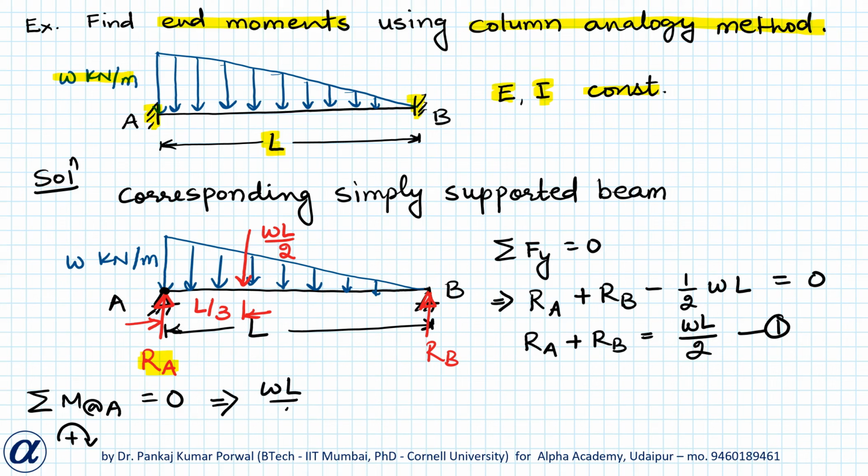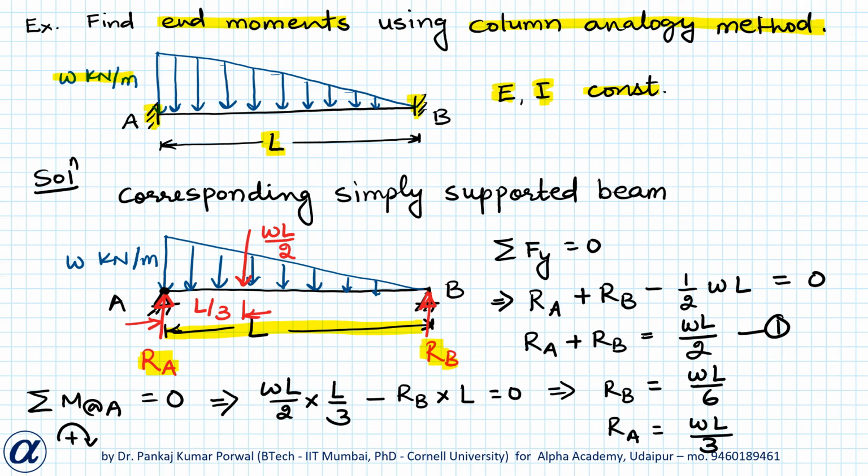So plus force into lever arm. Next moment because of RB will be anti-clockwise, so minus RB into, and the lever arm for RB will be L, so that is L equals to 0. This gives me RB equals to WL by 6, and I can put this RB in 1 and get RA equals to WL by 3. So my RA is WL by 3 and RB is WL by 6.